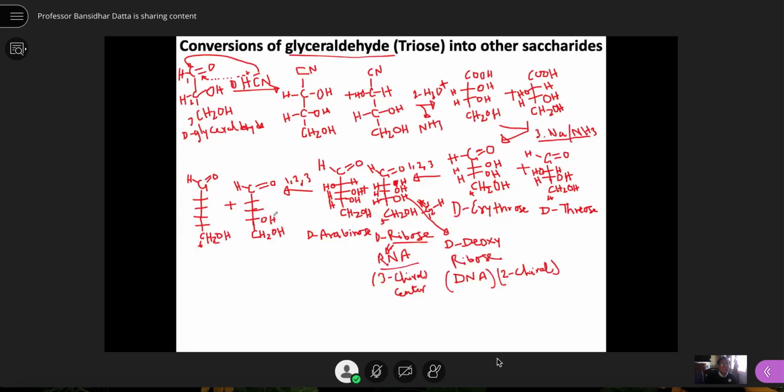All right. Look at the D-arabinose structure. The base remains the same. Base is not changing. So that's the hydroxyl group, HO, and the H. That's one side, and that's the base, right?